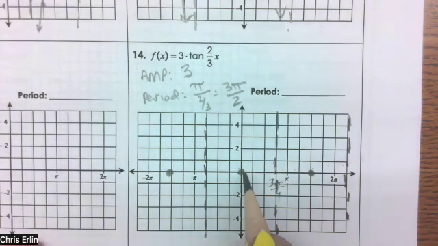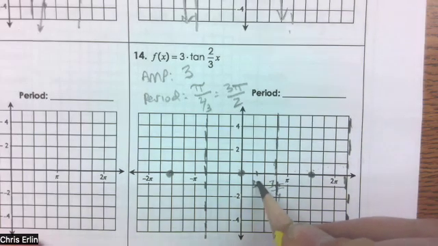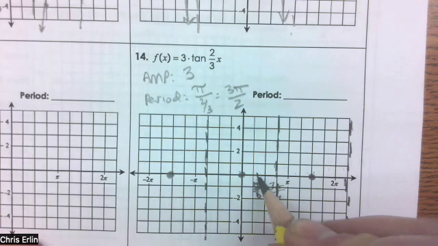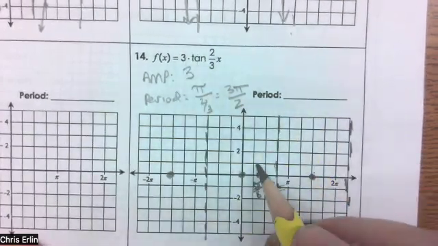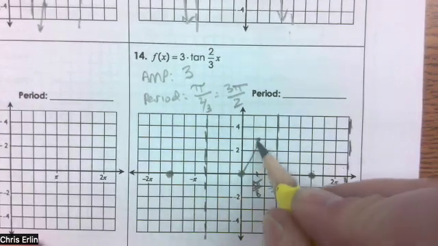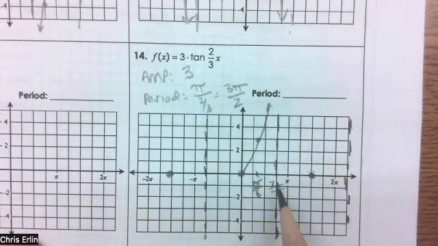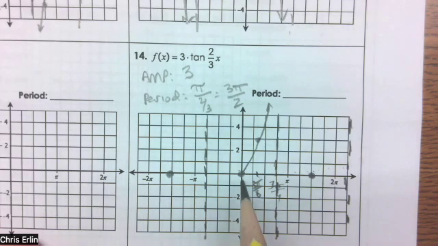And now from here, I'm going to go halfway between 0 and 3 pi over 4. What's half of 3 pi over 4? 3 pi over 8. And at that point, this has a lead coefficient of 3. So instead of going up 1, I'll go up 3. It's going exactly half the distance between the 0 and the asymptote.